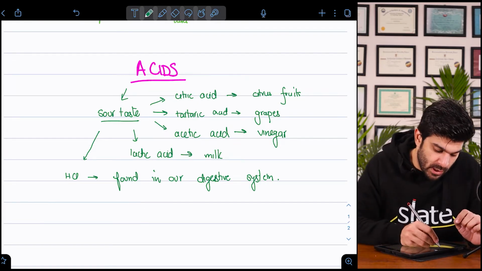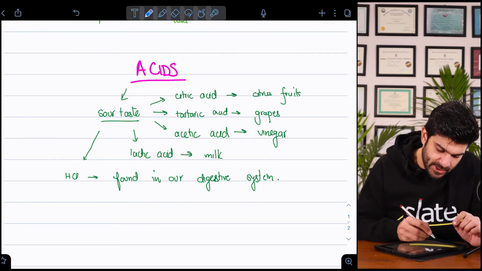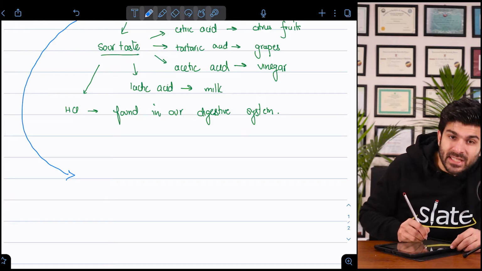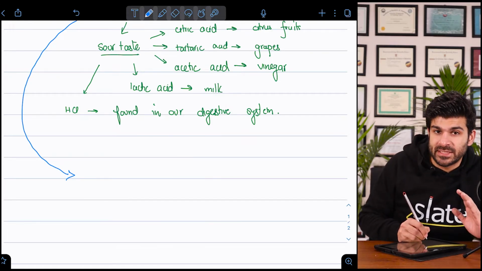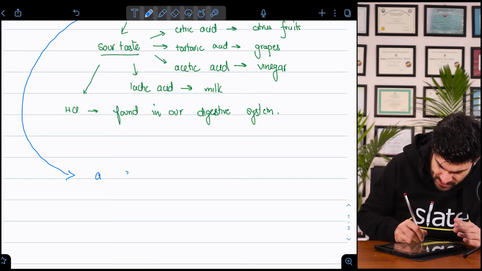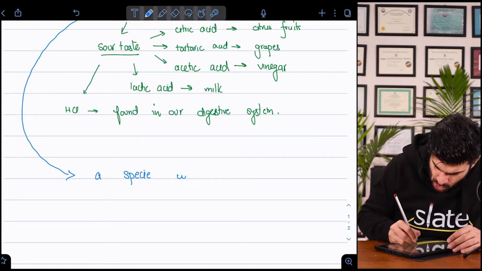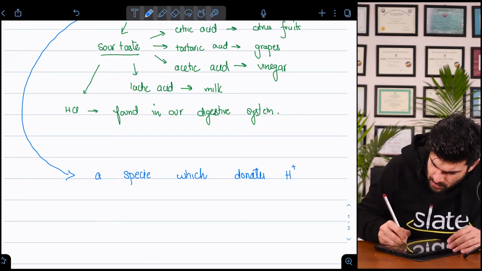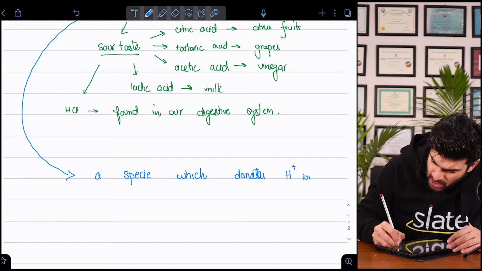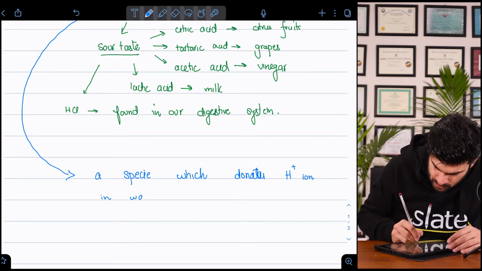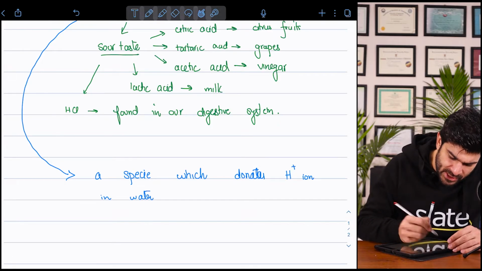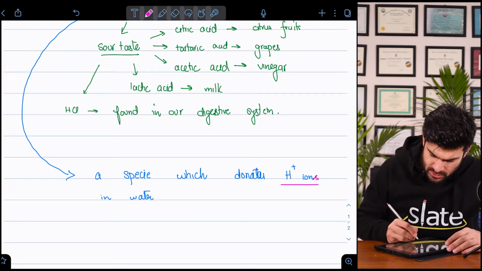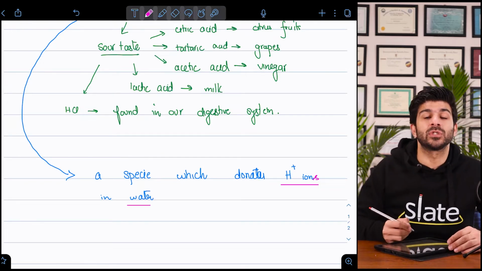But most importantly, when you have to define an acid, an acid is a species, an entity, which donates H plus ions in water. Now, you need to understand that these two things are very important: hydrogen ions and aqueous medium, which is water.